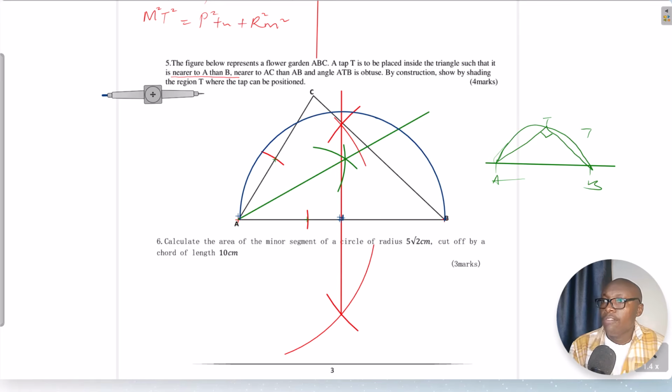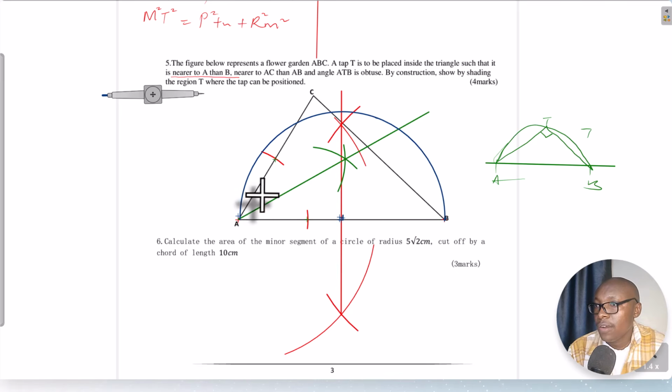So now, having identified all the areas, the area that we need where the tap will be, that satisfies all the conditions. We said we don't require the right hand side of this vertical line, and it should be nearer to AC than AB, and then it should be obtuse.